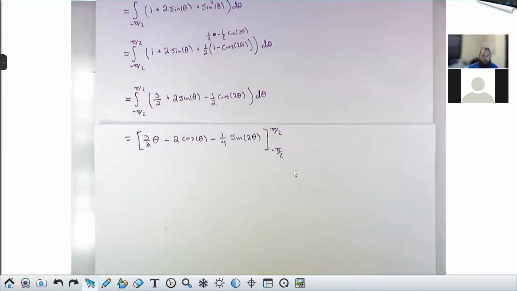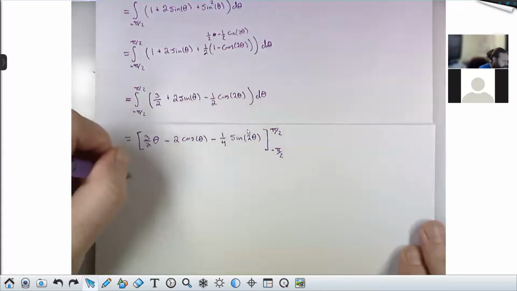Okay, good news here. The cosine of pi over 2 is 0. Right? You plug in pi over 2 to cosine, you get 0. The cosine of negative pi over 2 is 0. So this piece is 0 at both bounds. So is this piece. It's not the sine of theta, remember, it's the sine of 2 theta. So maybe I'll write it out.